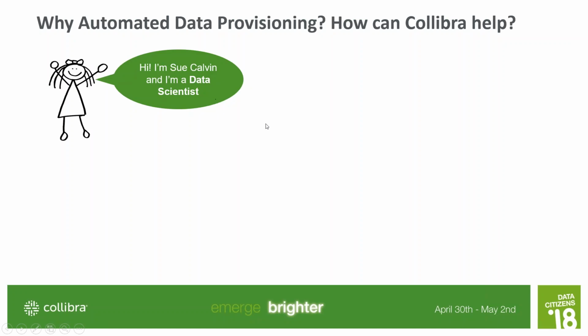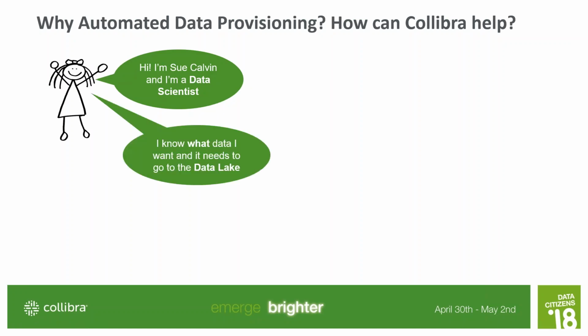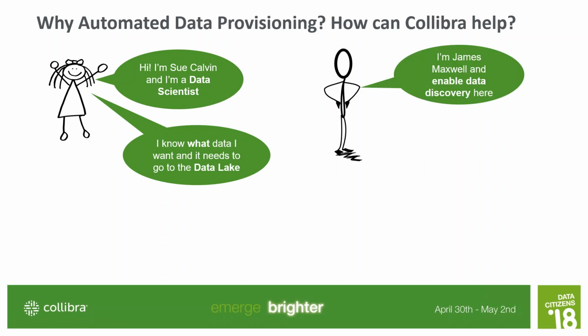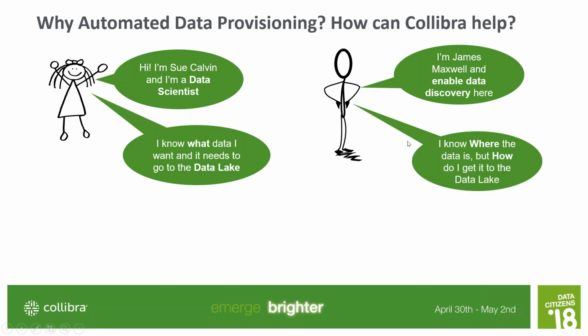We start with a data scientist, and she is essentially looking for data. She knows what data she wants, and she knows that it needs to go to the data lake. And she is not sure how to get it where it resides. This is where somebody who can enable data discovery enters into the picture, and this person knows where the data resides, where it needs to go to.